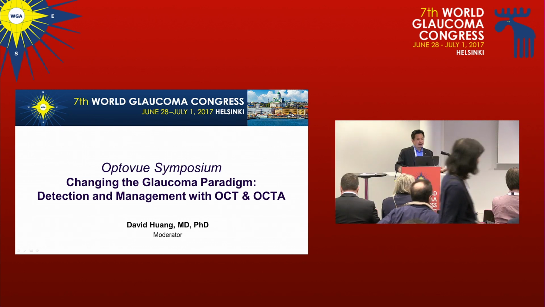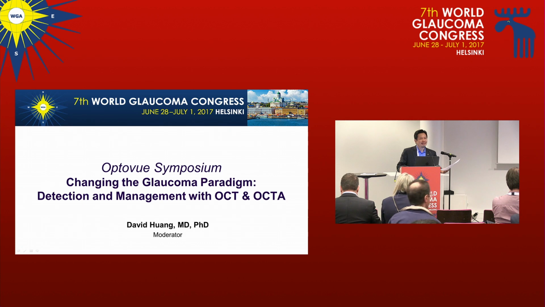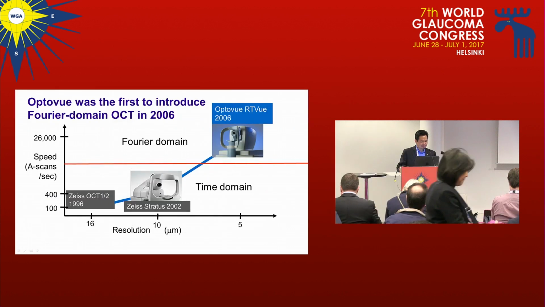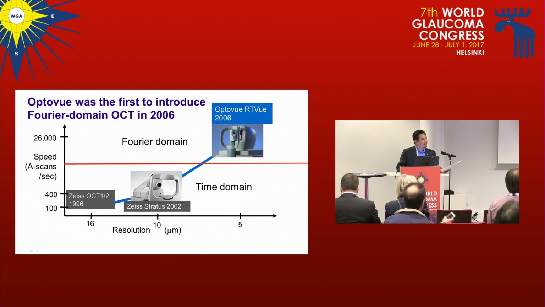And I will first make a brief introduction of Optovue, the company. I have been working with Optovue since the very beginning, and the company is all about bringing new technology to ophthalmology.